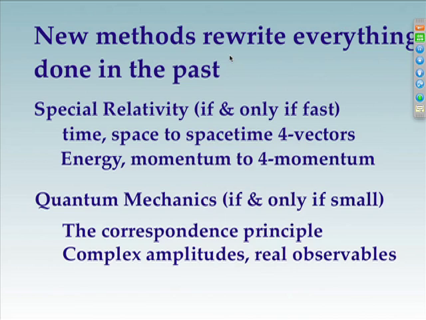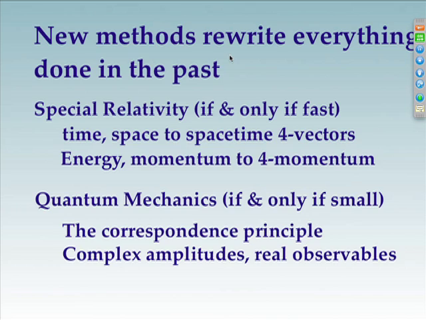Okay, so new methods really rewrite everything that was done in the past. So special relativity, which applies if things are moving very quickly, has time and space as 4 vectors, and energy and momentum as 4 vectors. In quantum mechanics, which applies to things that are super tiny, you've got the correspondence principles, so you can connect classical physics to quantum mechanics.